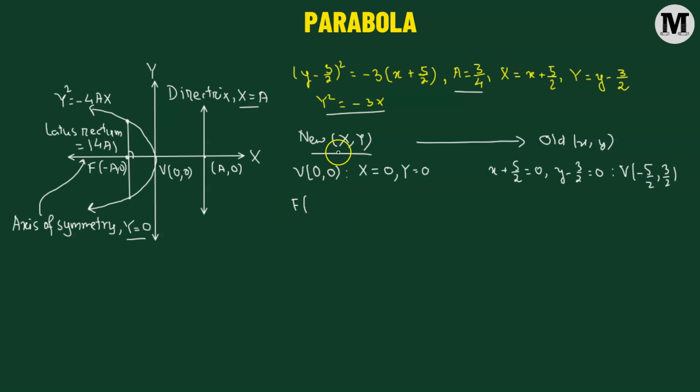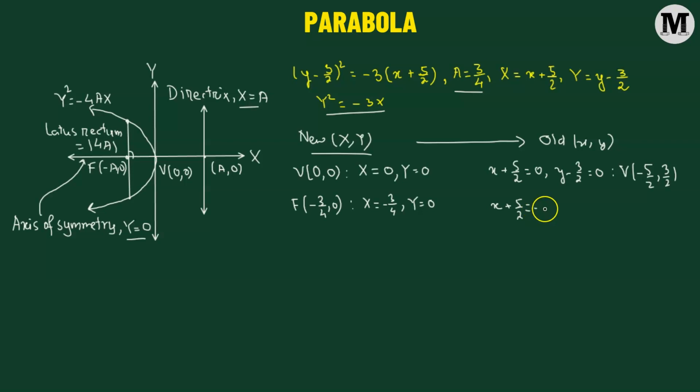Let's talk about the focus. The focus of the parabola in the new coordinate system is at negative a comma 0. Now a corresponds to 3 over 4. So our focus is at negative 3 over 4 comma 0, which means that X corresponds to negative 3 over 4 and Y corresponds to 0. So when we go to the old coordinate system, we'll use X equals negative 3 over 4, but in place of X, we're going to use x plus 5 over 2.